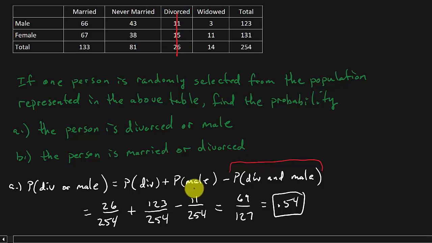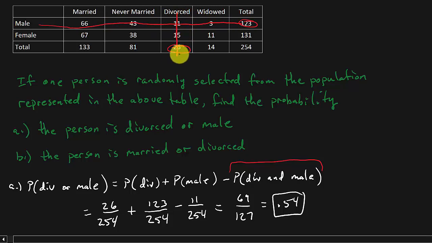And then plus the probability of male, we did this row right here, and that gave us a total of 123. We added all these 4 columns and got the 123. We added these two rows and got the 26.